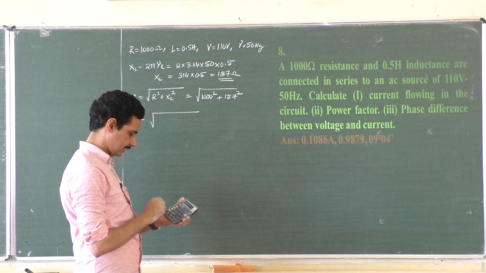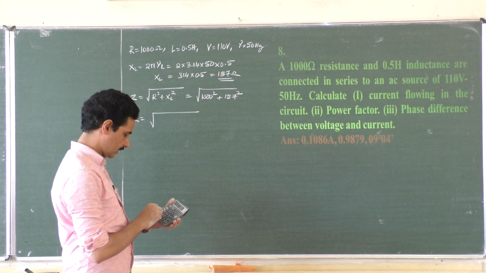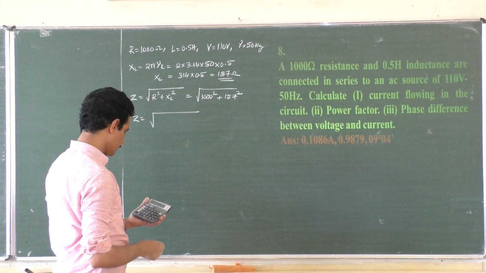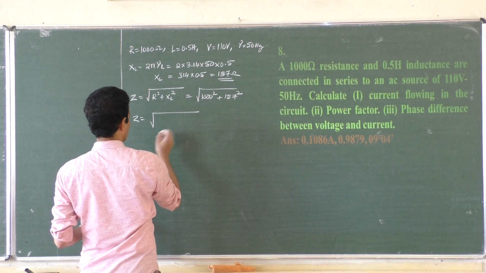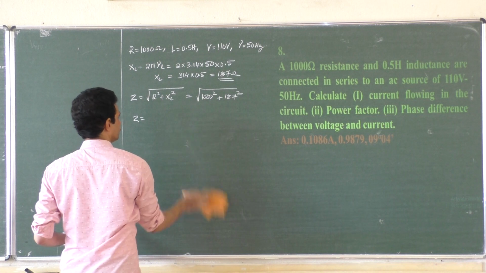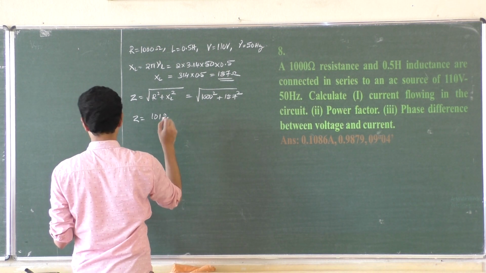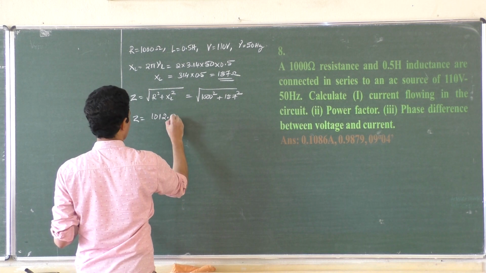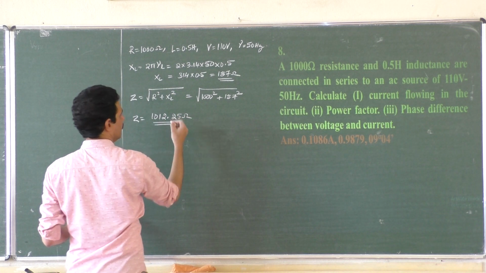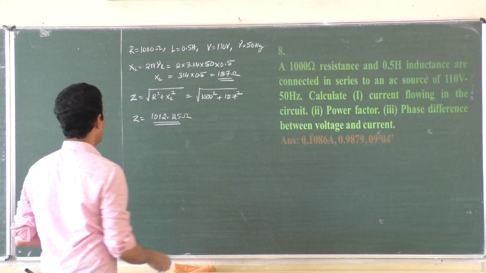Square root gives the answer 1012.249. I'll write 1012.25.